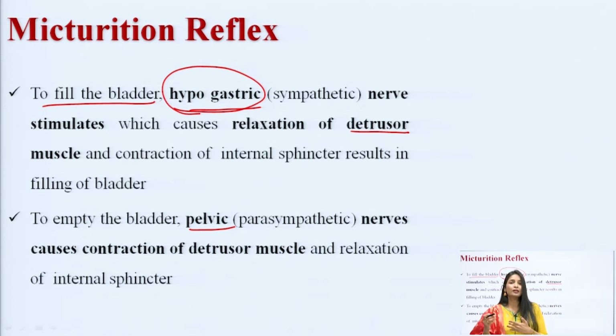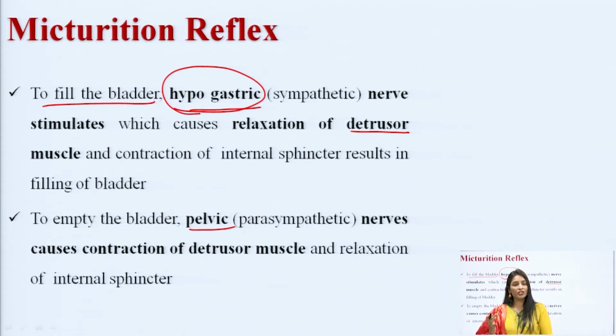Okay, so these are the points you have to remember here. I discussed two nerves: one is the parasympathetic nerve and the second one is the sympathetic nerve. So, what is the major role of these nerves? To fill the bladder, one nerve helps, and to empty the bladder, another nerve helps. To fill the bladder, the sympathetic hypogastric nerve will help, and the detrusor muscle will get relaxed, okay.